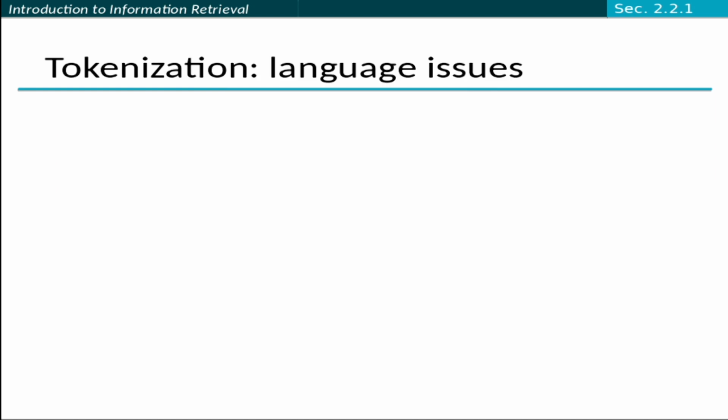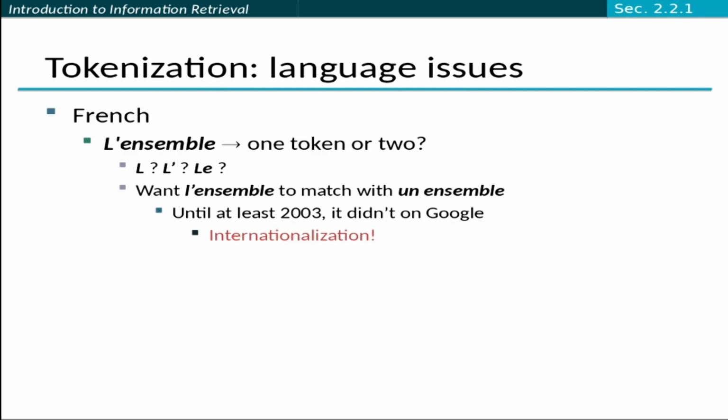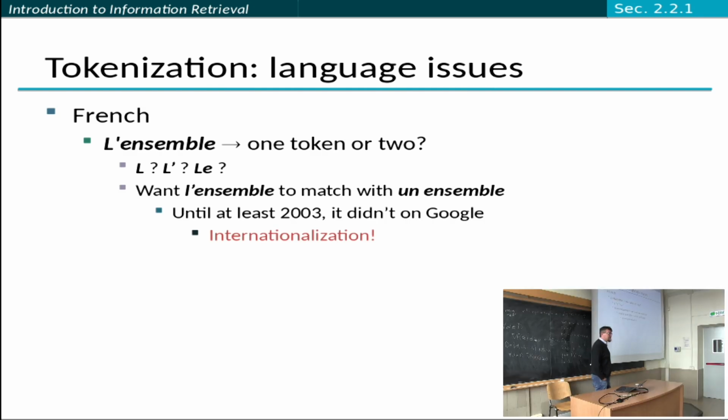Good. Then we have tokenization issues that are related specifically to the language. Again, unfortunately, I don't know French, but the example is very clear, and it's even more clear, the sentence here. So do we have to consider l'ensemble, one token or two?